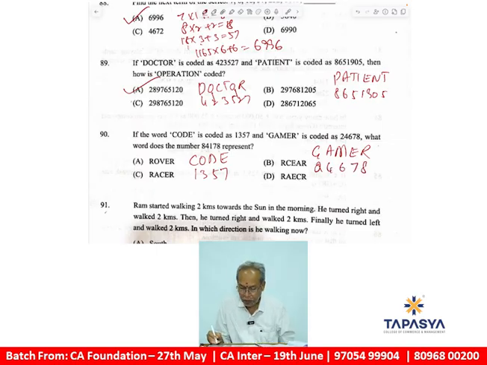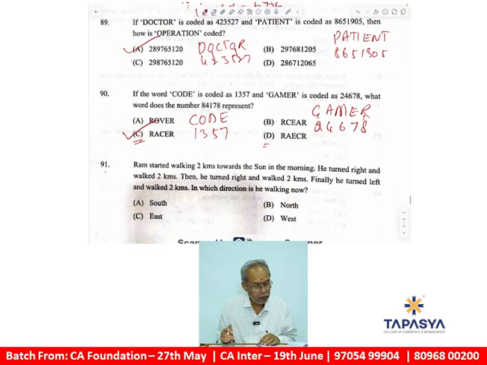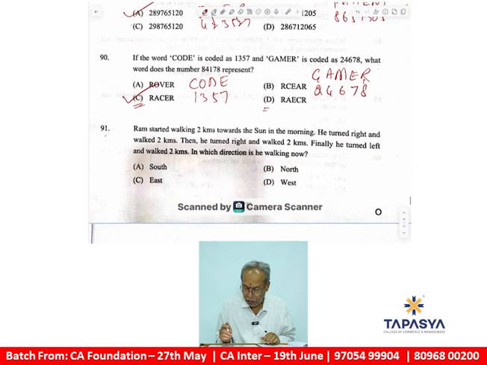Now 8 will represent R. So R is here. Next 4. 4 represents RA. What are the numbers having RA? C and D. Next 1. 1 refers to RAC, the only number is RACER. So the answer is C. Is it clear?